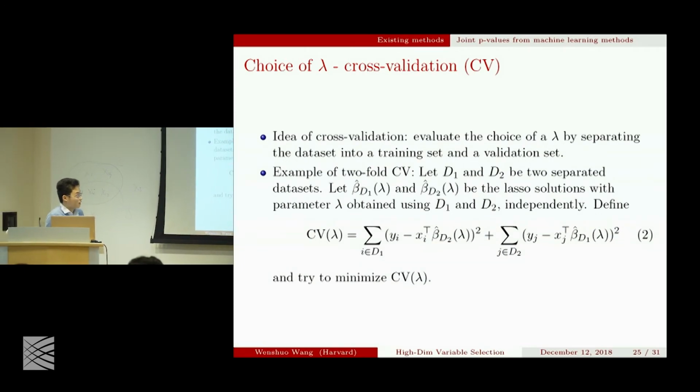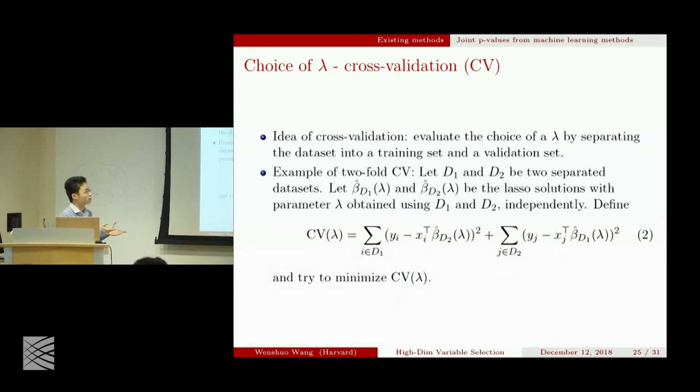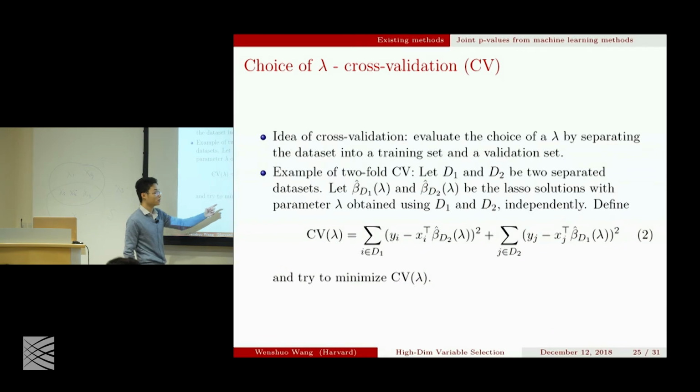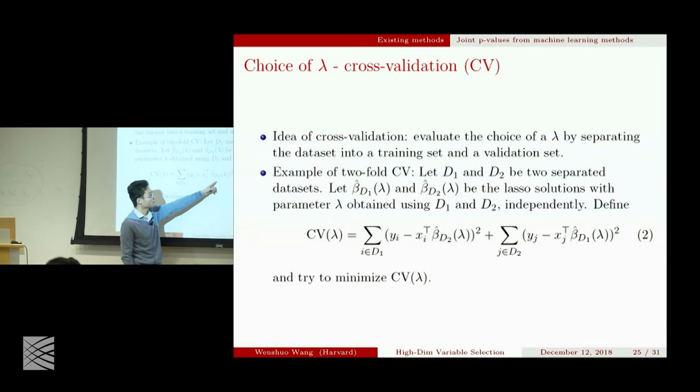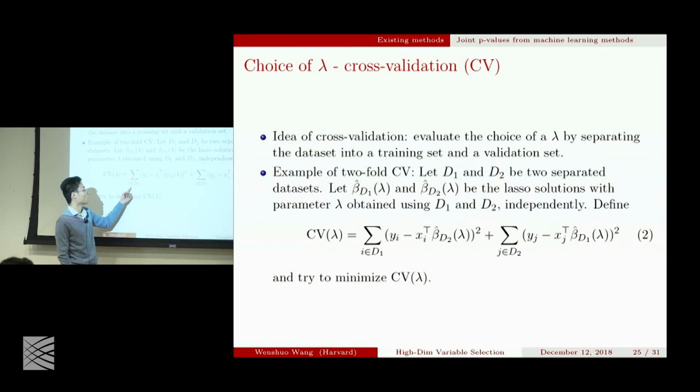Well, people do cross-validation. Basically, we separate my data sets, and I estimate my beta on one set and evaluate the performance of that estimate on the other set. For example, if I do twofold cross-validation, that means I separate my data set into 2 sets, D1 and D2, and I'm going to fit my beta, say, on D2, and then I'm going to test it on D1.